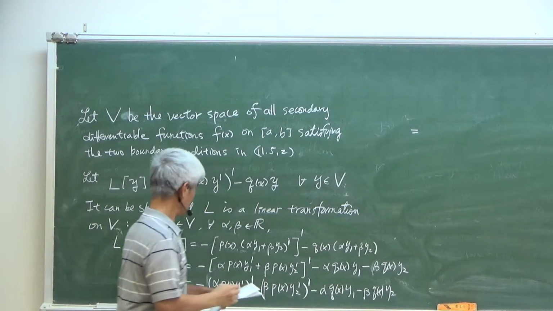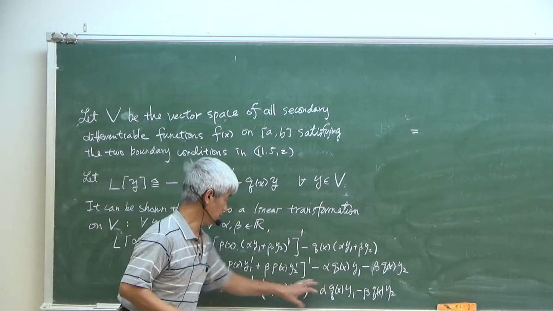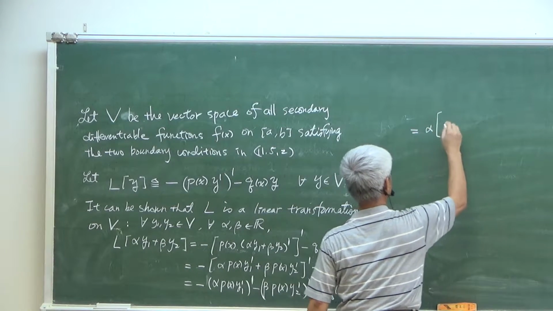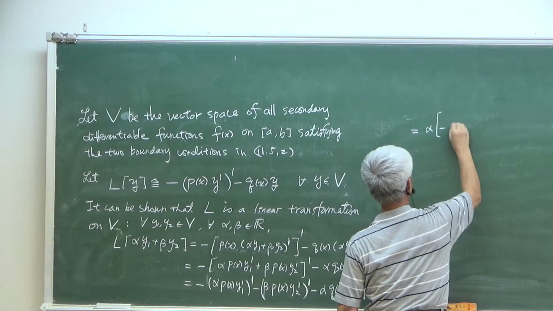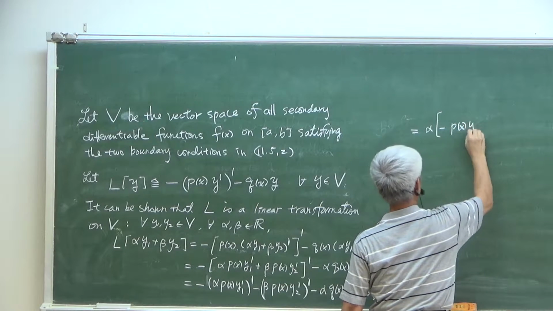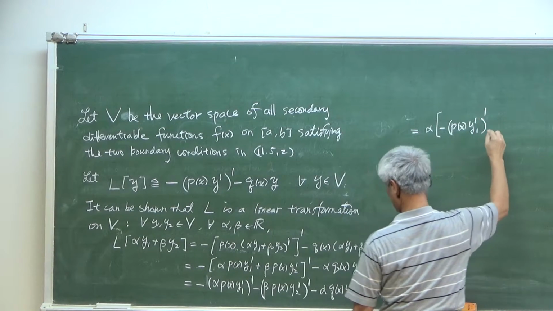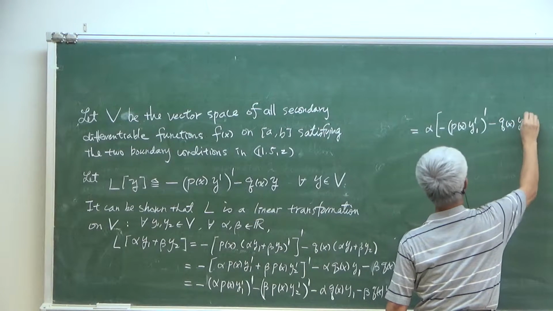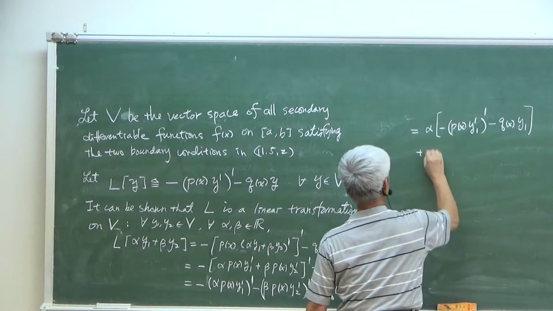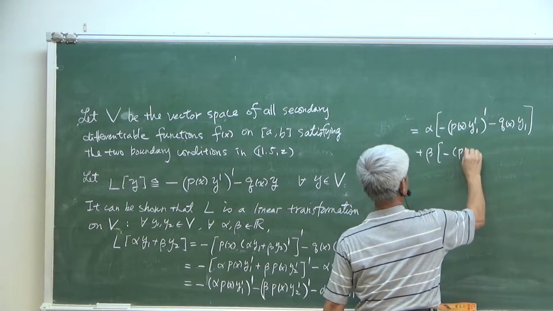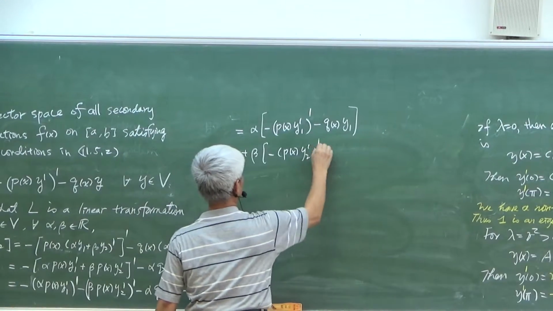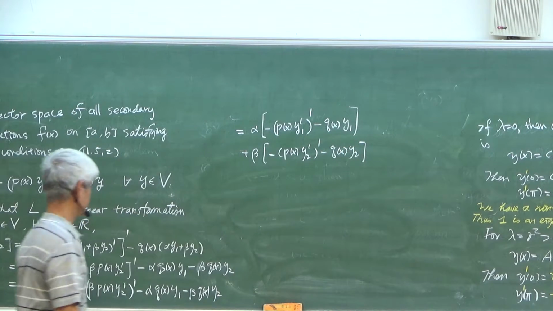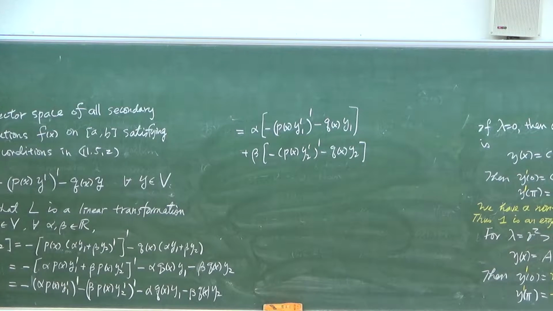Now we just combine the first and the third term. So we have alpha times minus the derivative of p of x y1 prime minus q of x y1, plus beta times the same for y2.